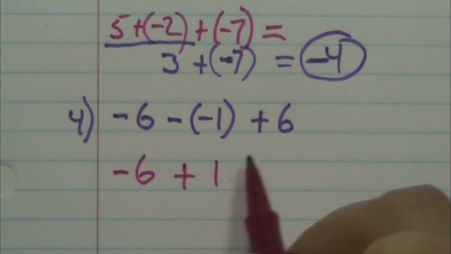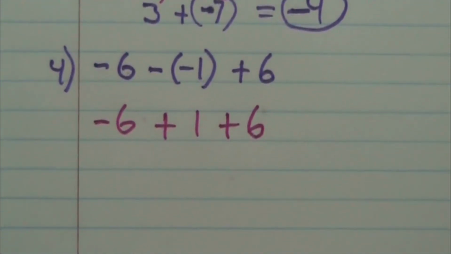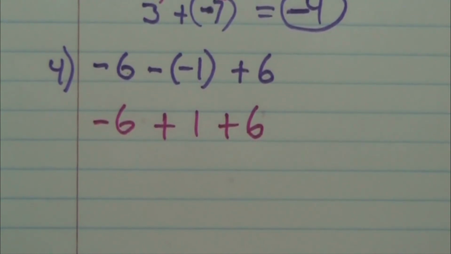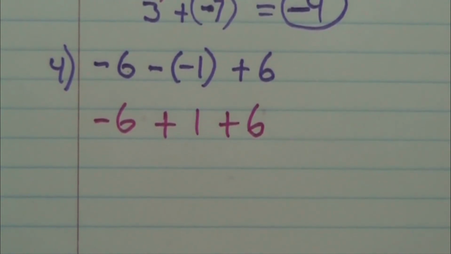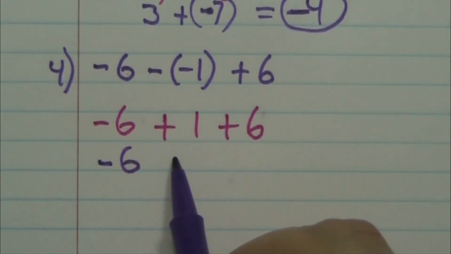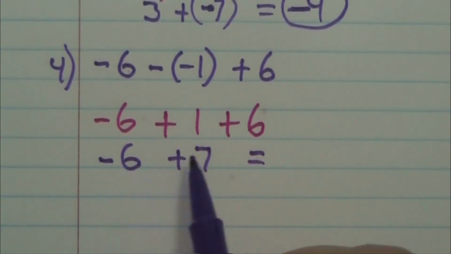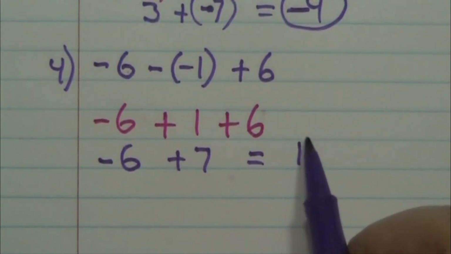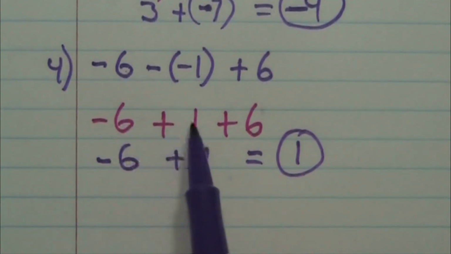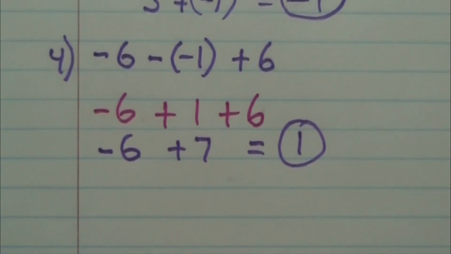This is plus 1, and this is plus 6. You may be able to tell your answer right now looking at it. And can you see that? This is 7. And 7 minus 6, there's more positive. It's positive 1. Now you could have done this, that being negative 5, and negative 5 plus 6 is 1.